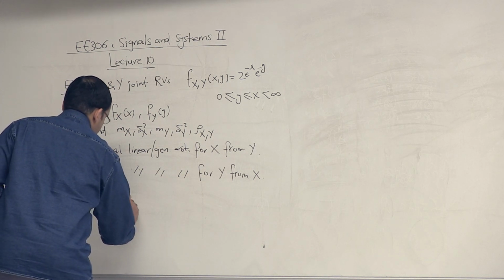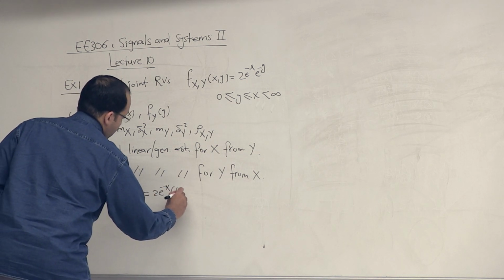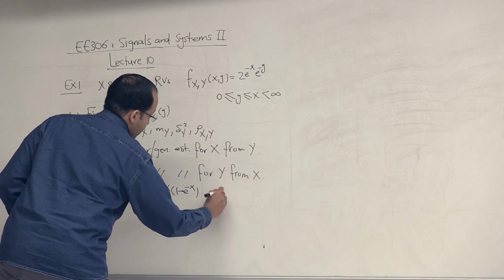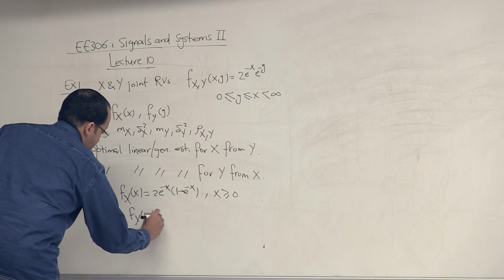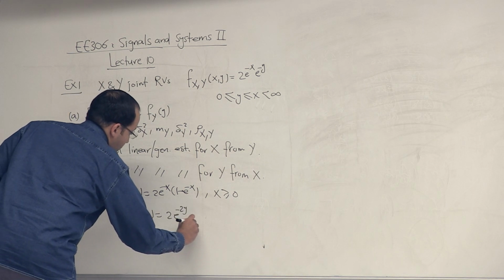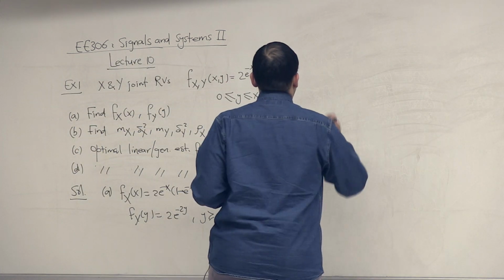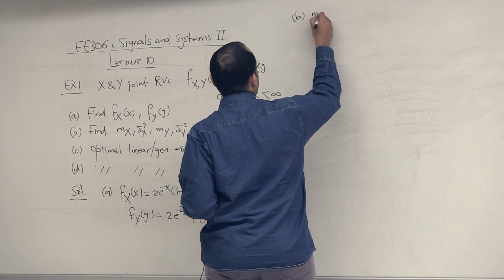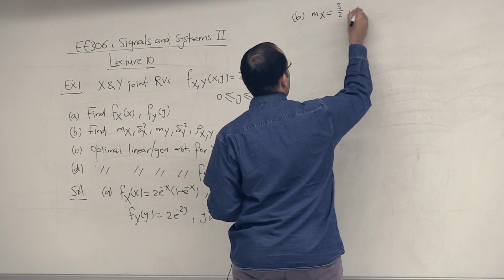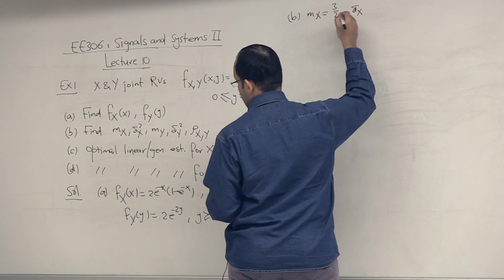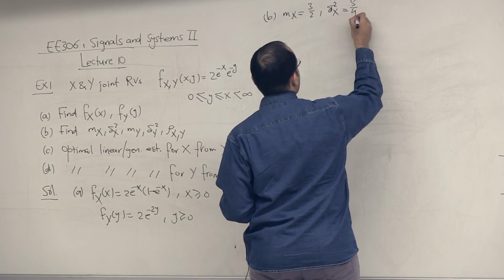Fx of x will end up being 2e^(-x)(1 - e^(-x)), x greater than or equal to 0. Fy of y will end up being 2e^(-2y), y greater than or equal to 0. For part B, mx will be 3/2, the variance sigma x squared is 5/4.